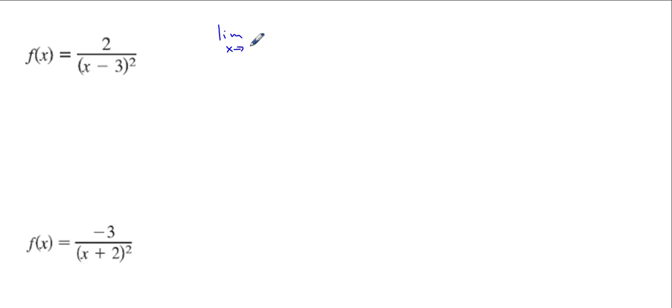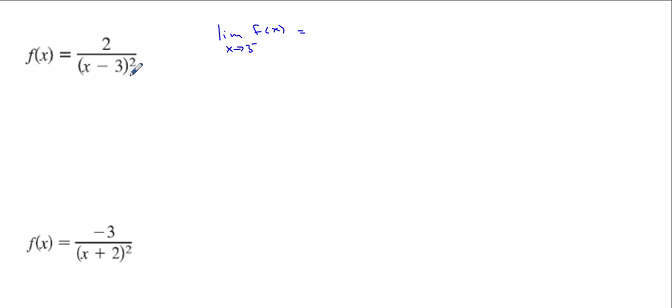Limit as x goes to 3 from the left. I'm just going to put f of x right now. Let's approach 3 from the left. That would be a number smaller than 3, like 2.99999. 2.99999 minus 3 would be negative 0.000001. Now square that number. What happens if you square a number between negative 1 and positive 1?